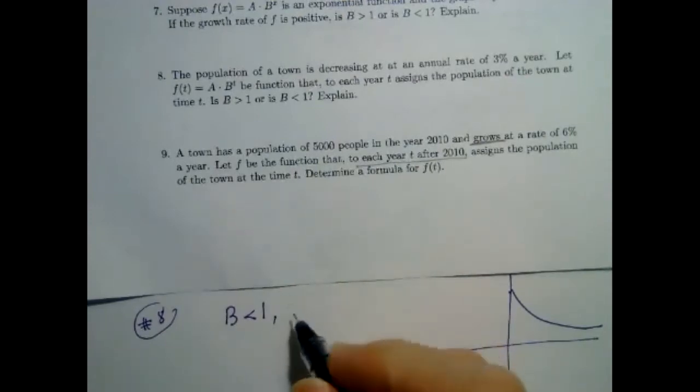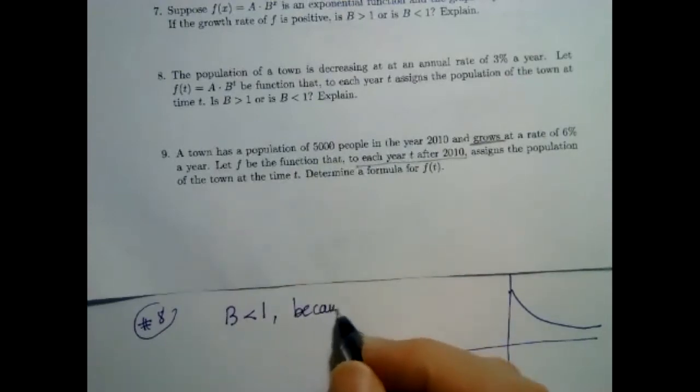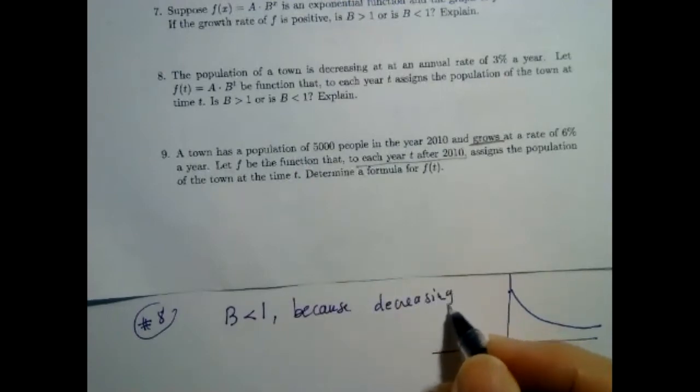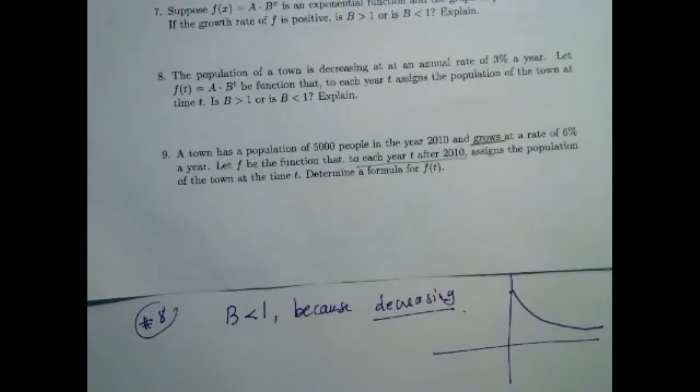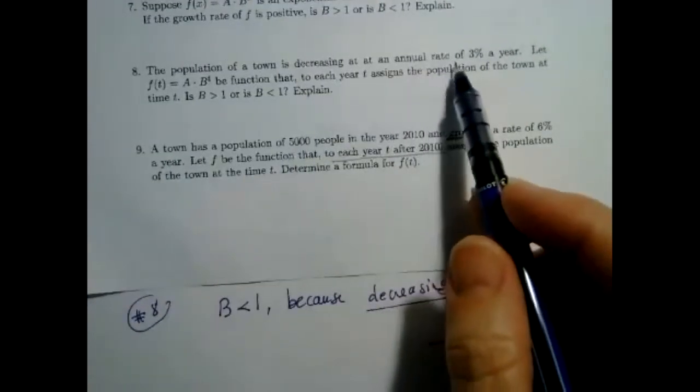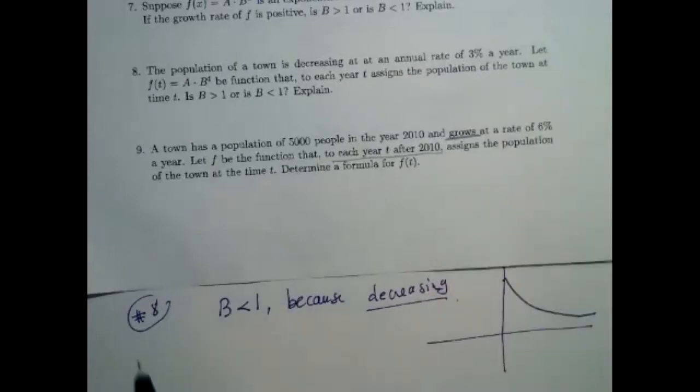But now let us actually compute b. What's the value of b in this particular problem? It's decreasing at the annual rate of 3%, which means we have a negative growth. The growth rate is actually negative.